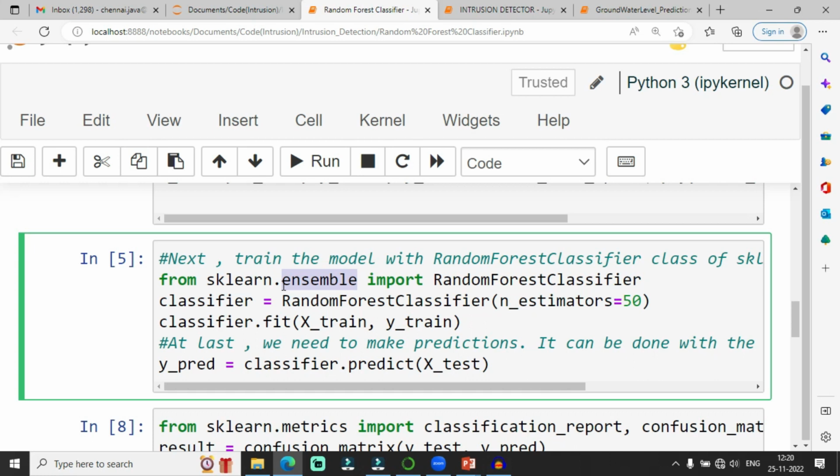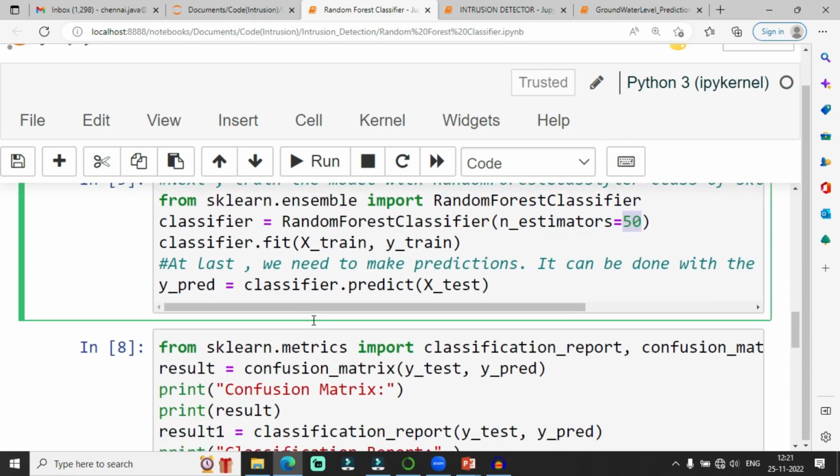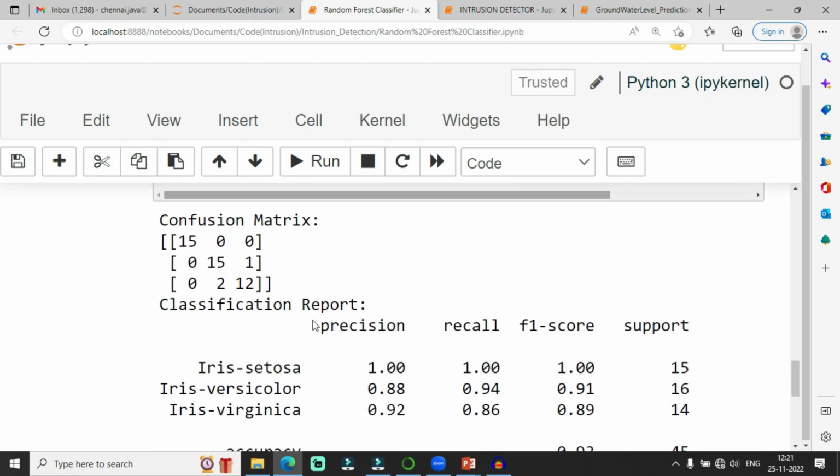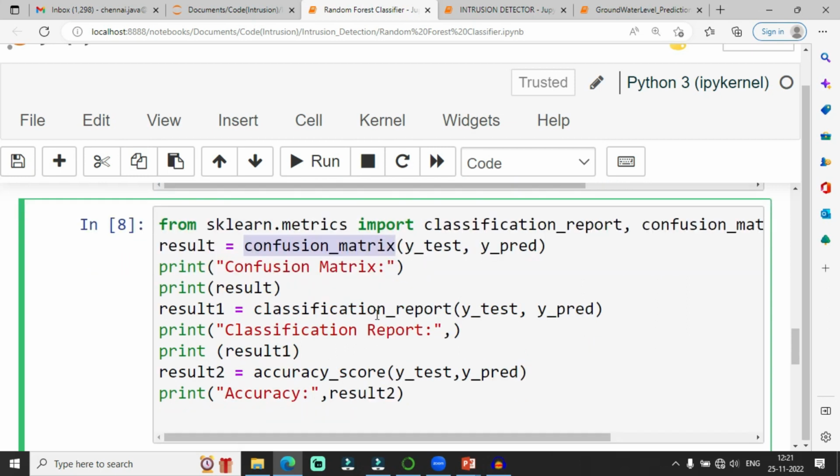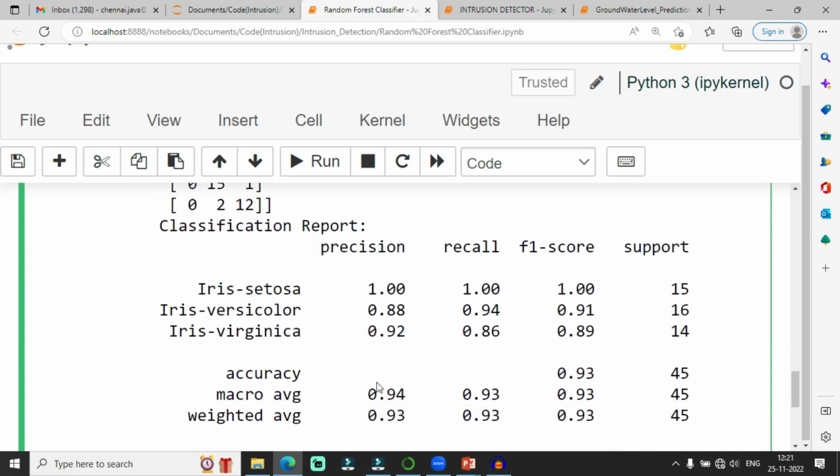I am initializing this random forest classifier and giving the number of estimators as 50. Clear with this? I am printing the confusion matrix, classification report and the accuracy score here.